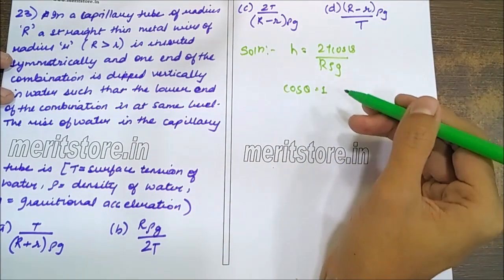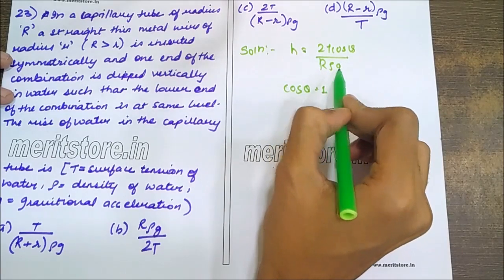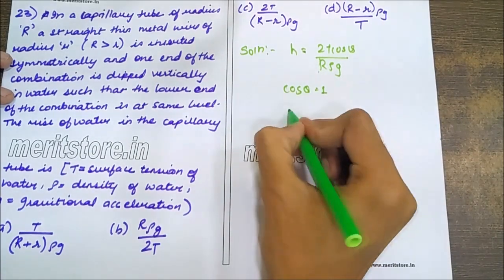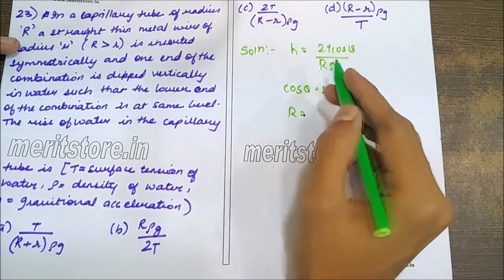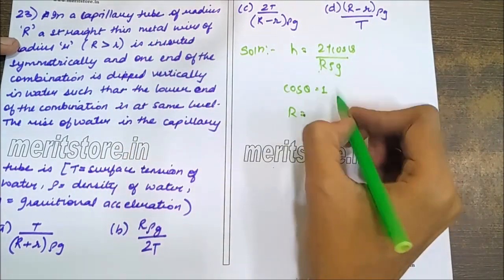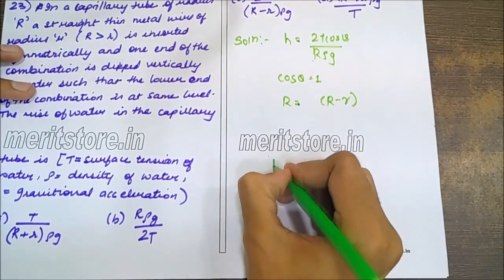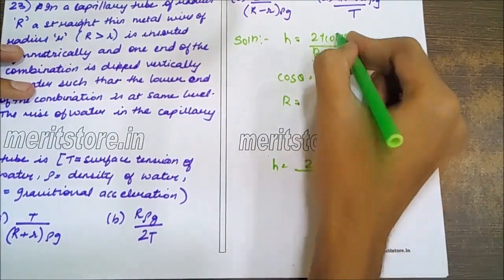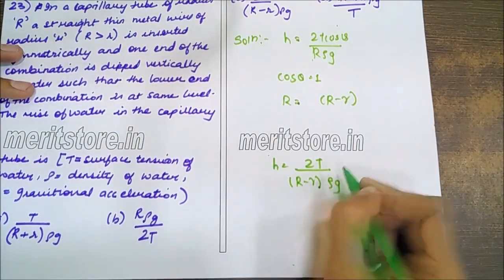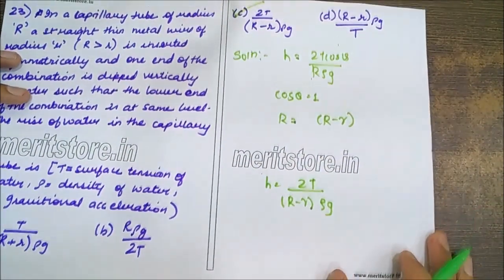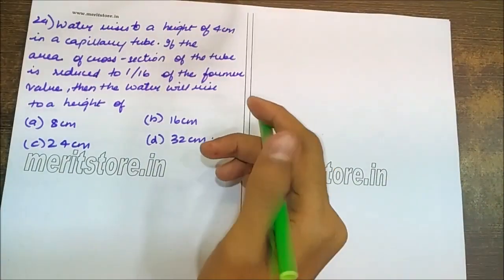Here R is the radius of the capillary tube, and after the metal wire is inserted, the effective radius becomes R minus r. Therefore the height will be 2T upon (R minus r) rho g, since cos theta is 1. So this is the height, option C is the correct option.